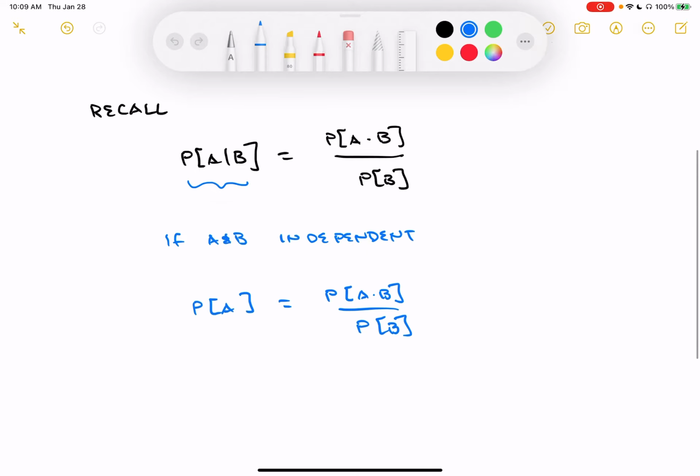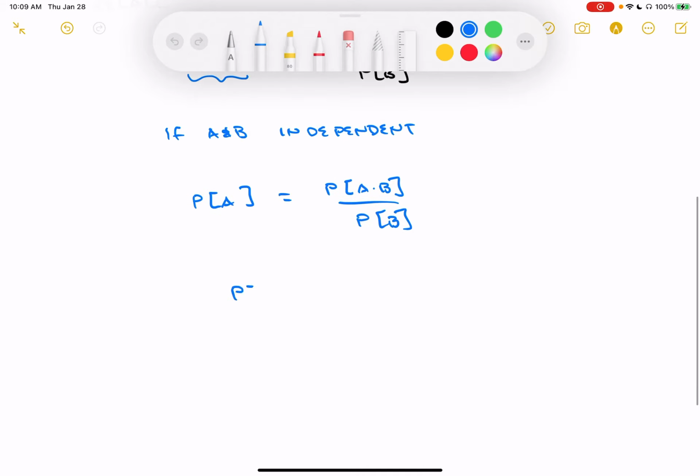So the probability of A intersect B is just equal to the product of the probabilities, probability A times probability B, if those two events are independent.